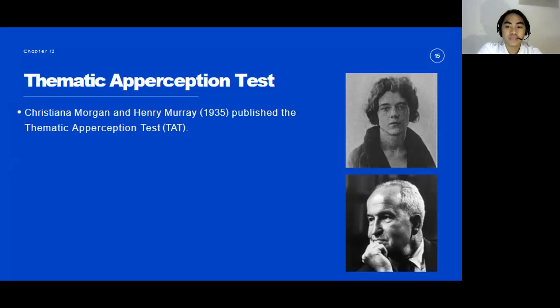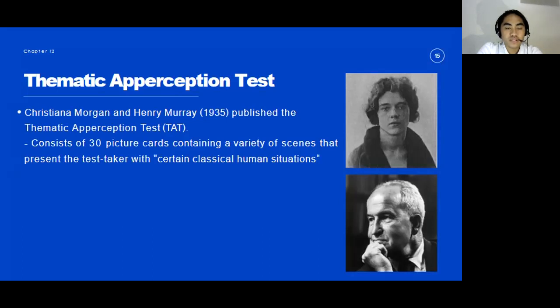The Thematic Apperception Test is still used today. It consists of 30 picture cards containing a variety of scenes that present the test taker with certain classical human situations, or everyday situations that we can all identify with.